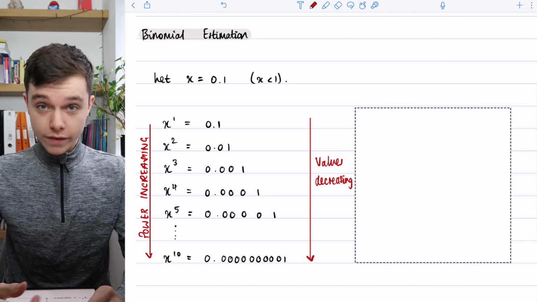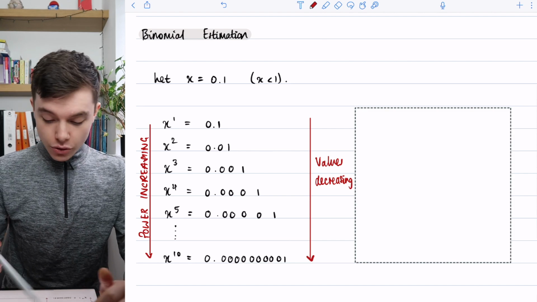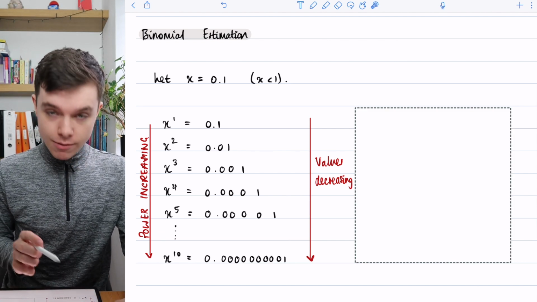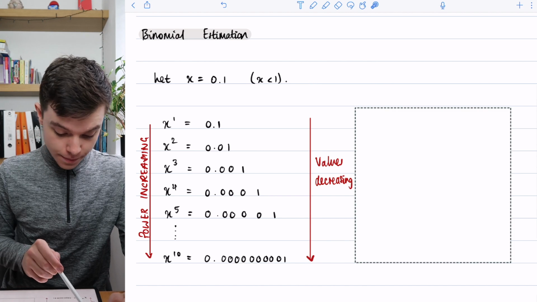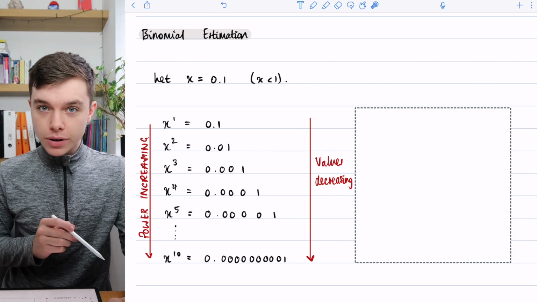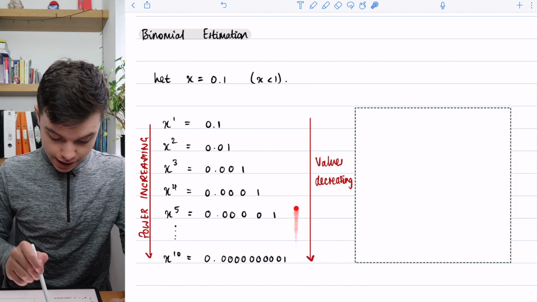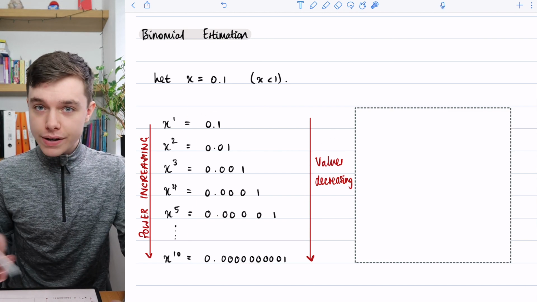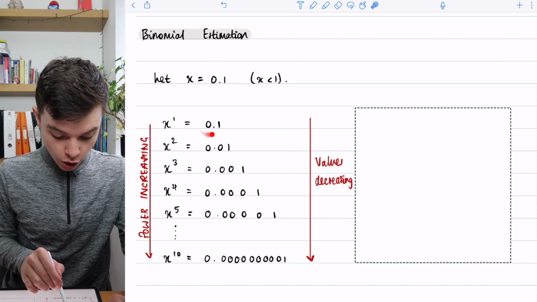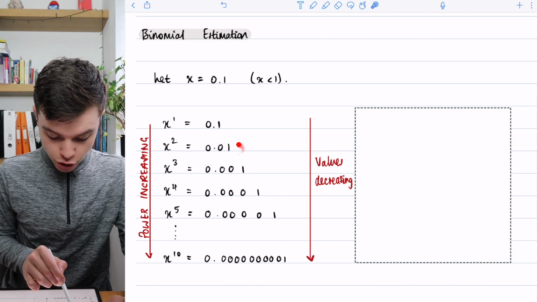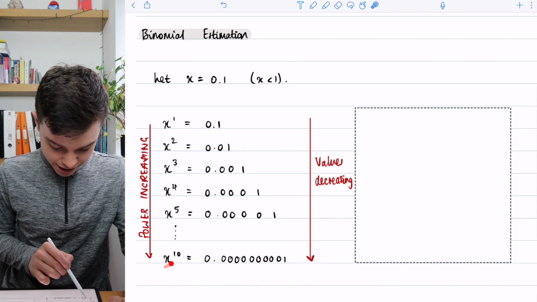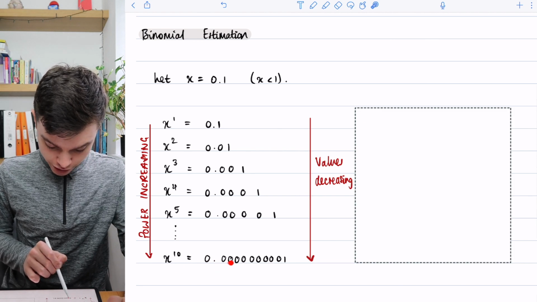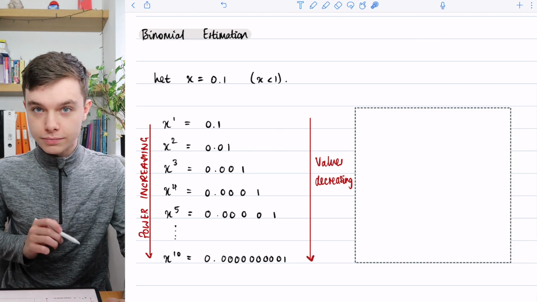So we can do a little statement from what we've just done here. As we increase the powers of x, and remember x has to be less than 1, the values here on the right hand side are decreasing in value. 0.1 is clearly greater than 0.01, which is clearly greater than x to the 10, which is 0.0000000001.